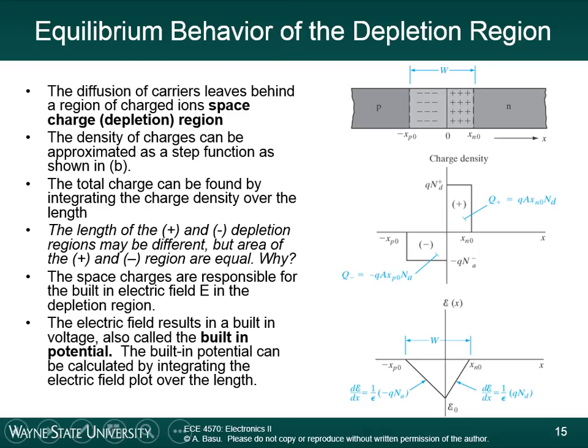The maximum electric field is achieved right at x equals 0. We'll talk about why that's the case. You reach a maximum electric field here, and then it decays to 0 as you go to x sub p. So the electric field ends up being 0 outside the space charge region. The only region where you get an electric field is in the depletion region, or the space charge region.